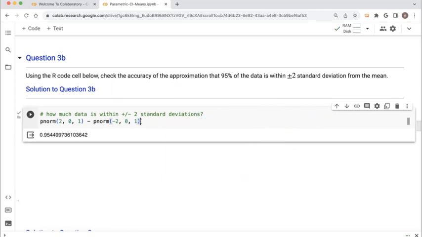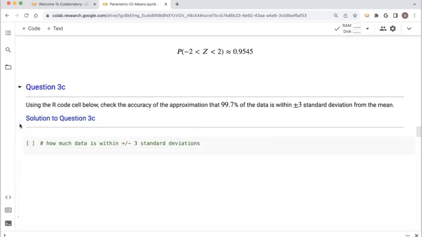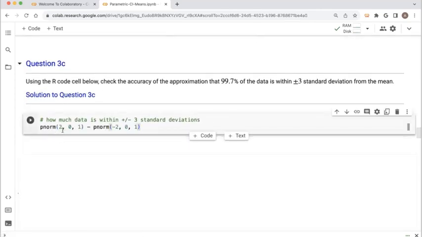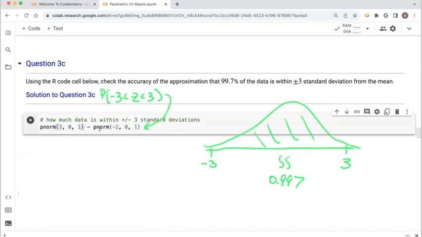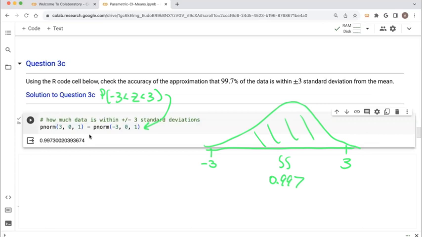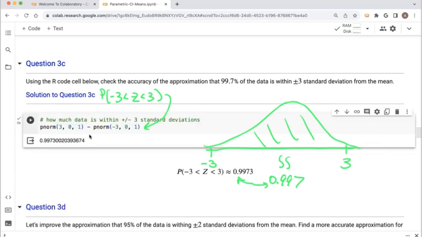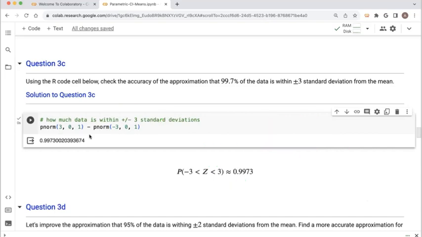And lastly, the third claim in that empirical rule is what proportion of the data lies within three standard deviations from the mean. And in this case, the claim is that it's 99.7%. Here we can see more precisely, it's 99.73%. Point being is this empirical rule is really close, but it's not exactly precise. We've used a little bit of approximation here.